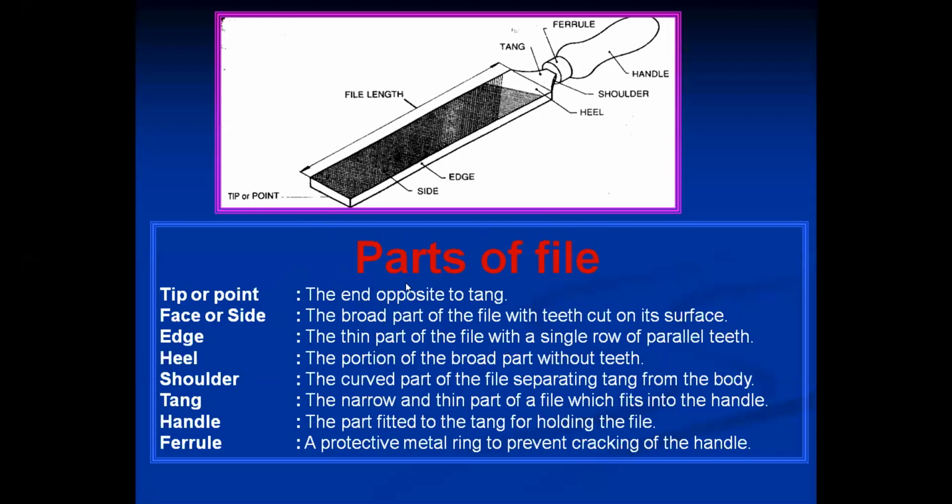Heel: the portion of the broad part without teeth. Next, the shoulder: the curved part of a file separating the tang from the body. Next, the handle: the part fitted to the tang for holding the file. And the last part, the ferrule: a protective metal ring to prevent cracking of the handle.